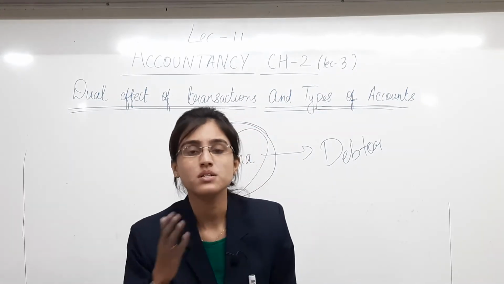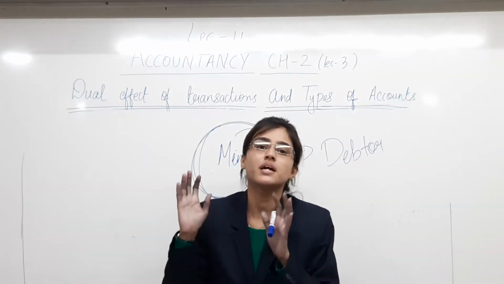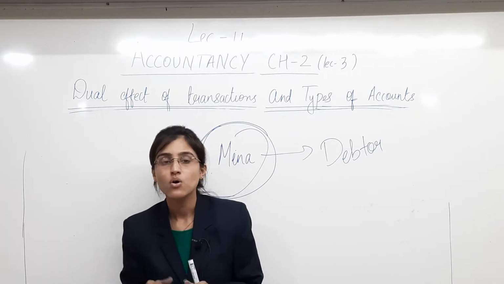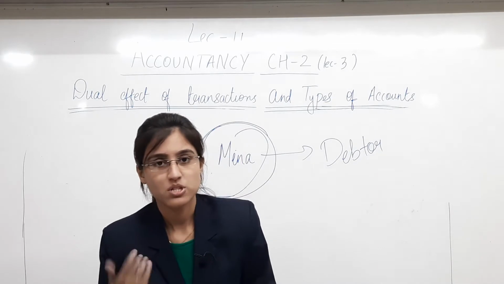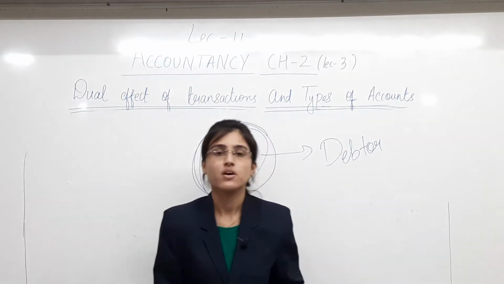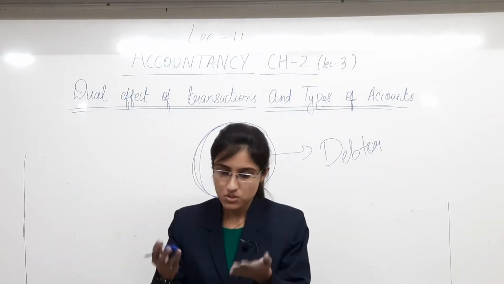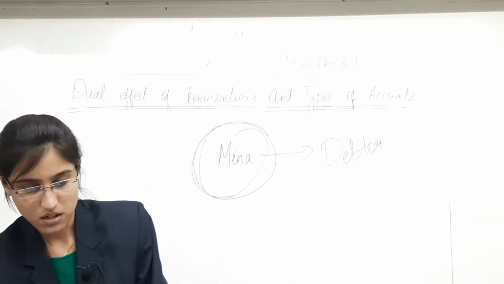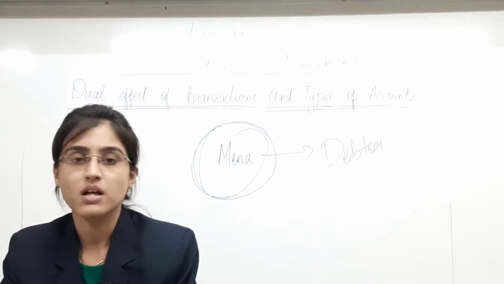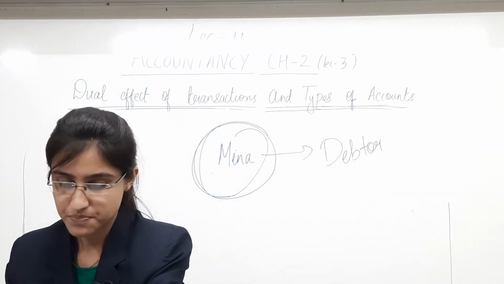You were supposed to pay and you have paid now. And you have paid how? Via check. So check is a part of cash transaction. So the last transaction is also a cash transaction.